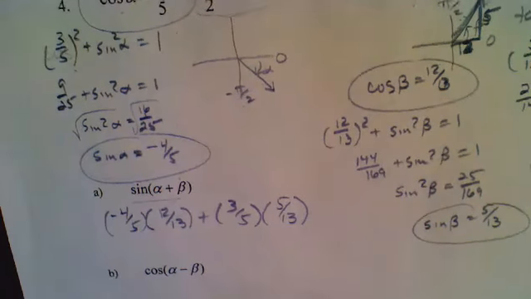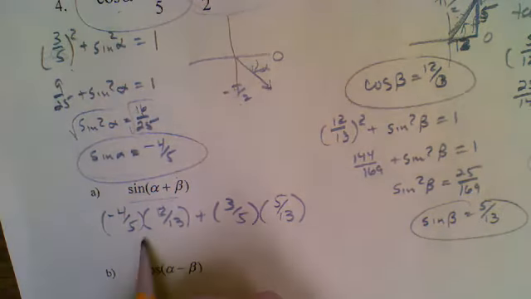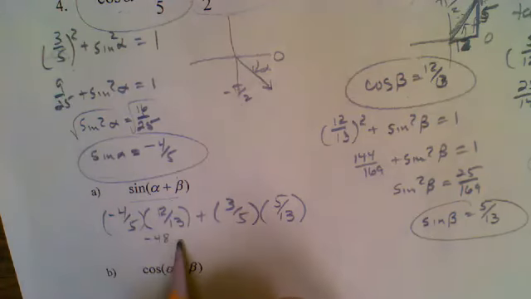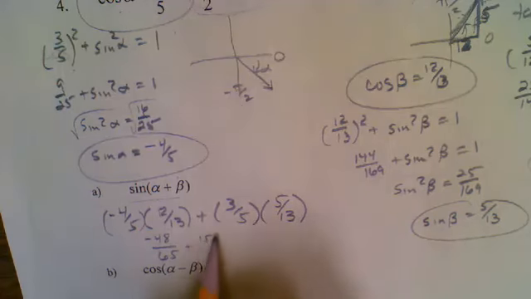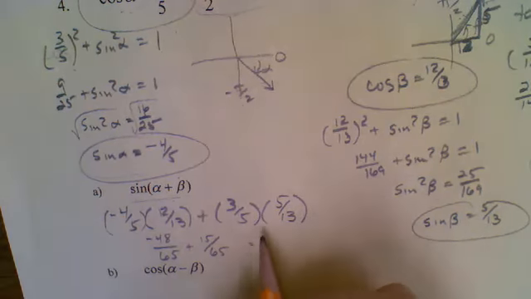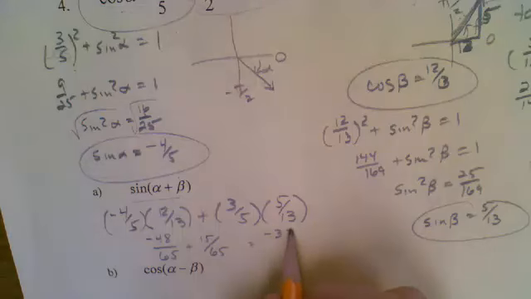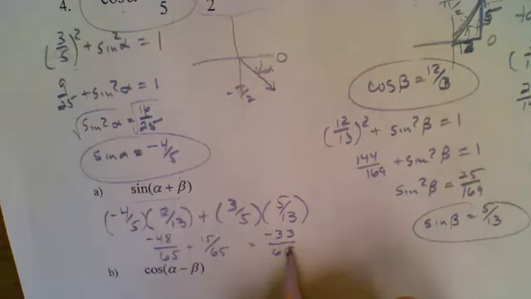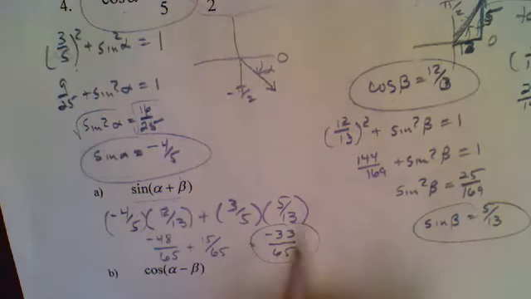Multiply those out and you get -48 over 65 plus 15 over 65, which gives -33 over 65. I don't think that reduces, so that's your final answer.